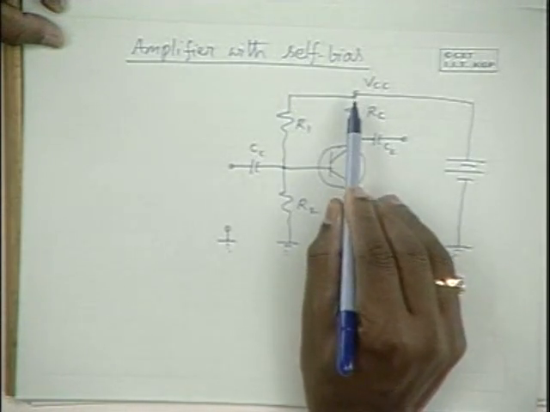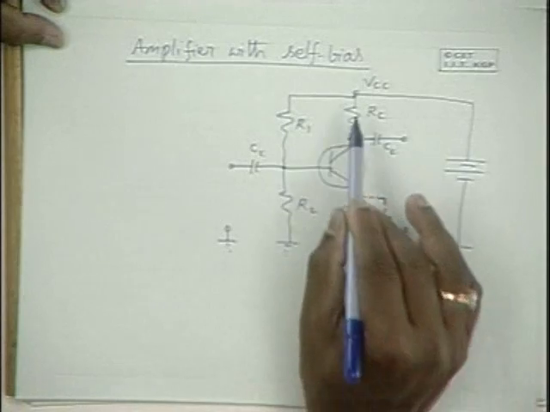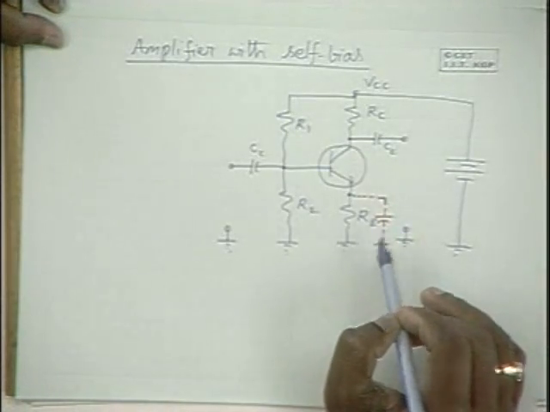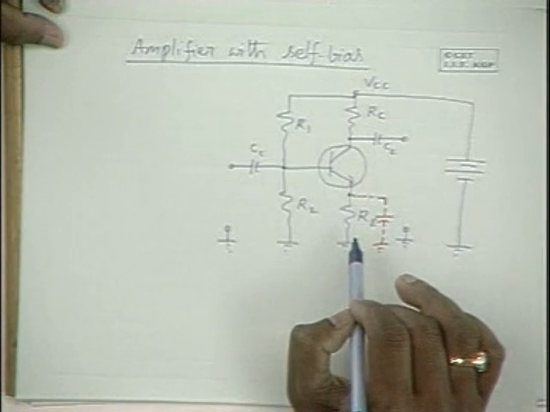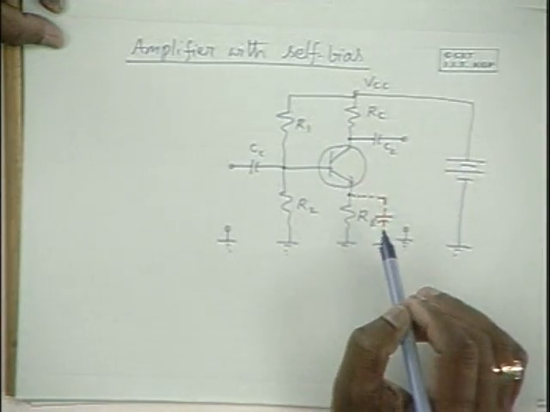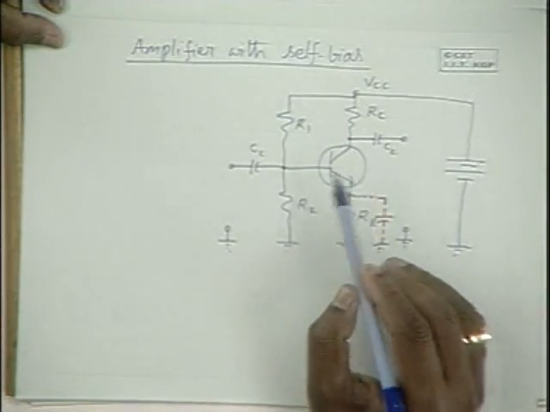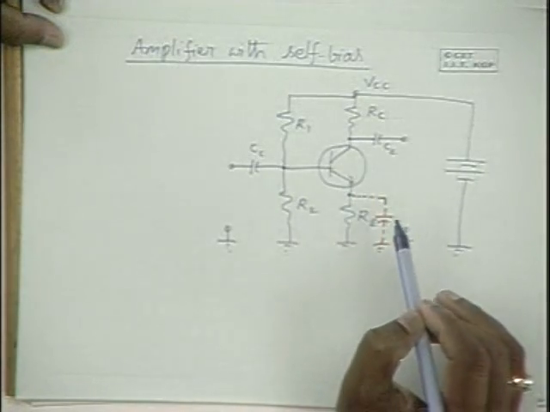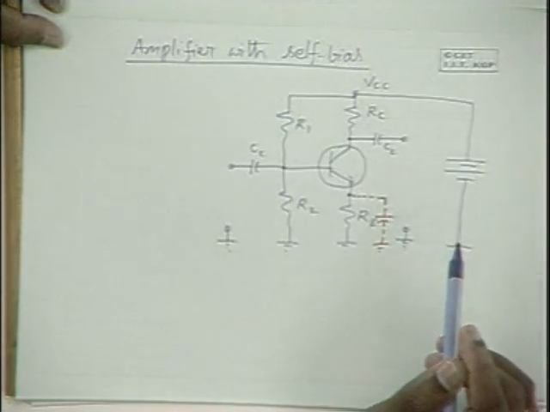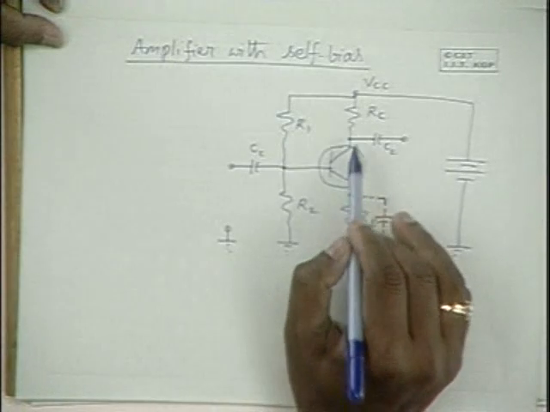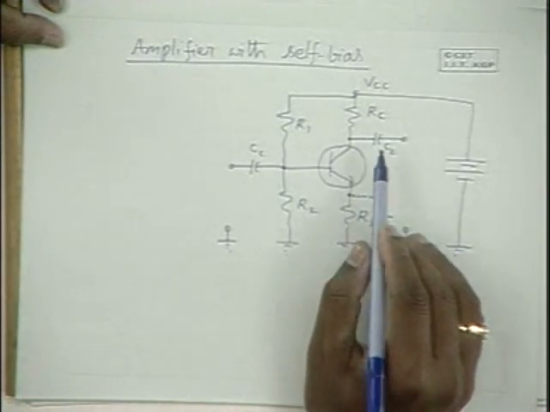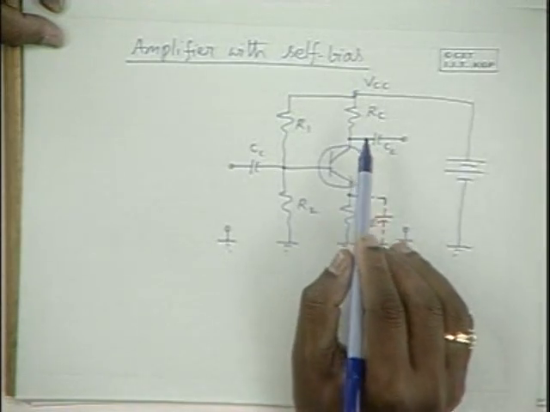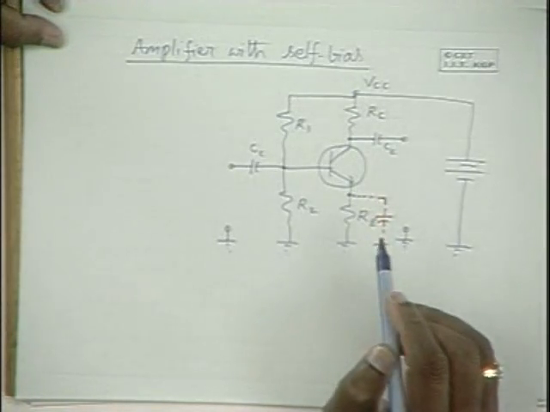Since the output current and the current passing through RE are almost the same, the output voltage is proportional to RC and the input voltage is proportional to RE with almost the same proportionality constant, and therefore the voltage gain is RC by RE with a negative sign because the current flowing direction is opposite here. So because of that simple reason, the approximate expression for the voltage gain is minus RC by RE.